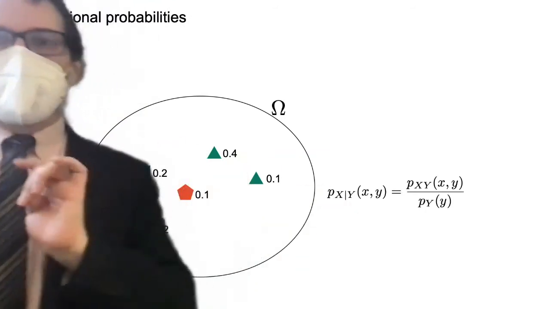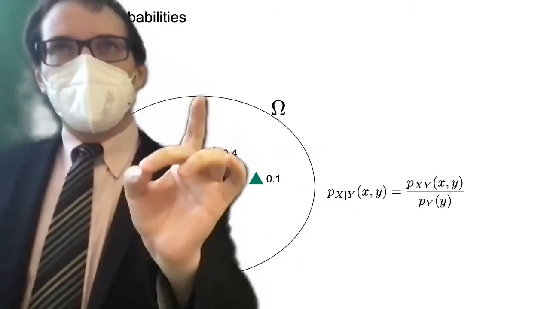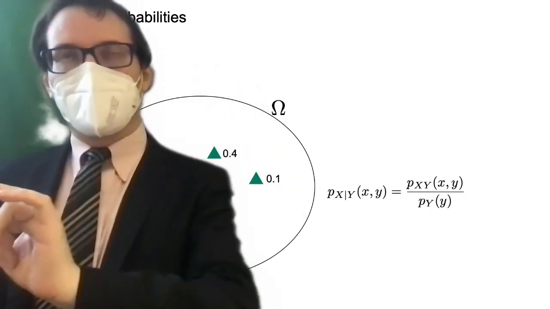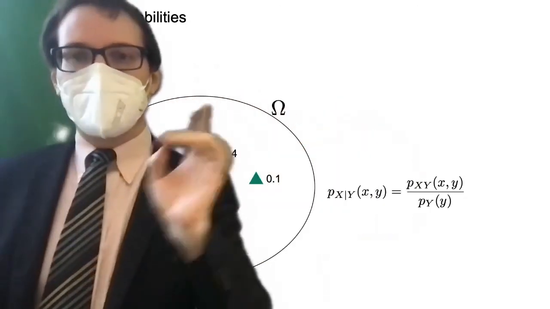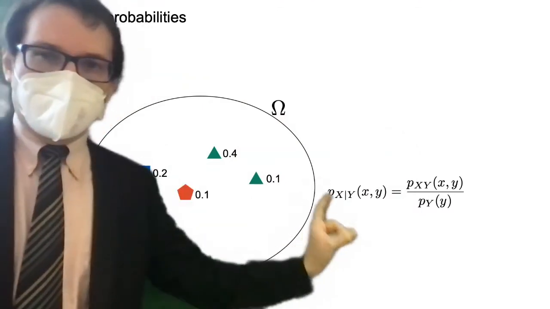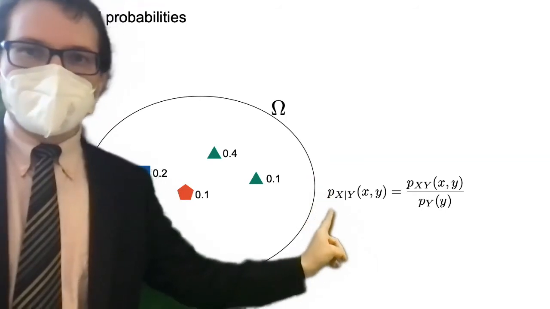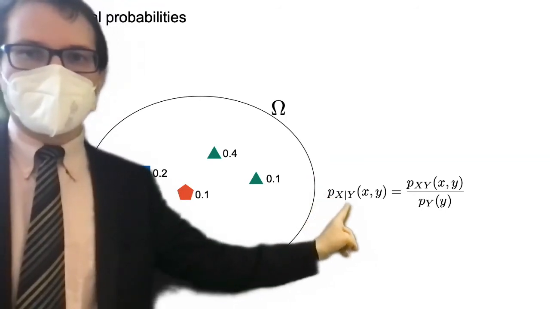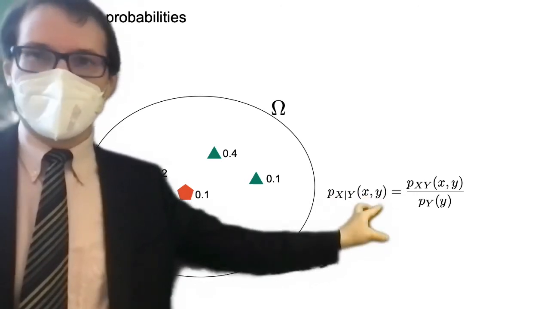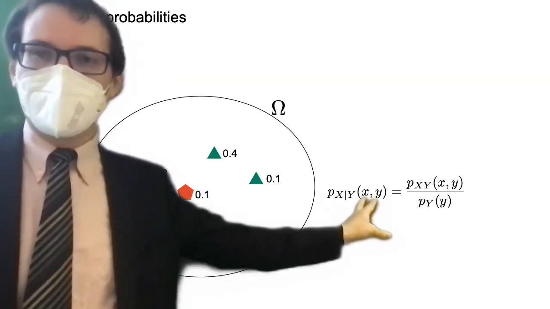Another thing you can define is the conditional probability of a random variable conditioned on another random variable. We already did it for events, but now we do it for random variables. Mind the notation. The conditional probability of two random variables takes two parameters, two actual values, the value of x and the value of y. So this is really a function with two parameters.